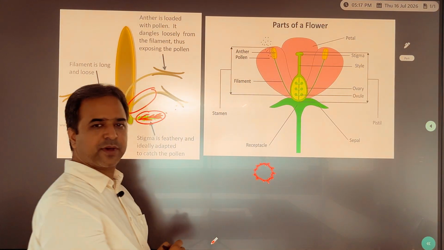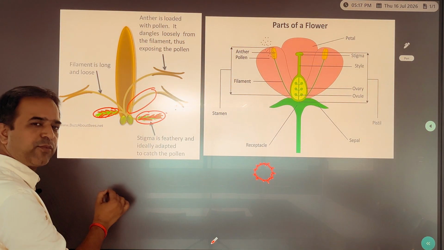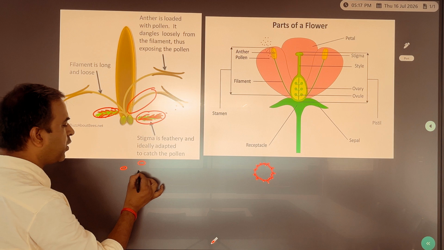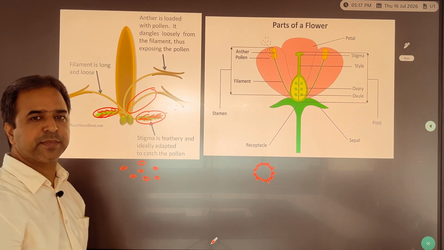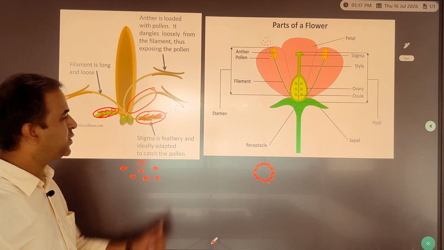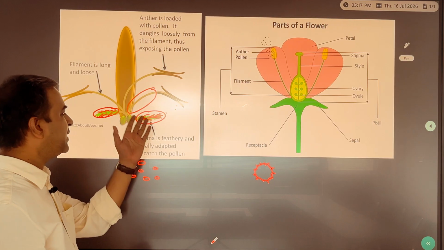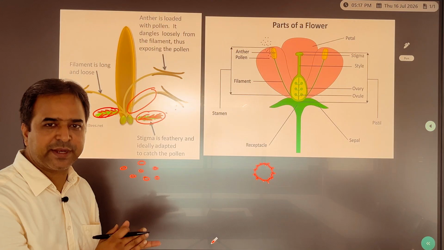It is less in number because chance of pollination is more over here. But if you talk about wind pollinated flowers, they are smooth walled. They are minute and they are abundant in number, so that at least one can reach this stigma and fertilize it.